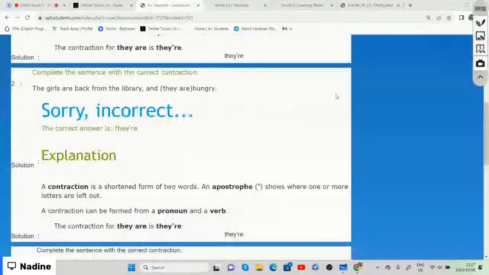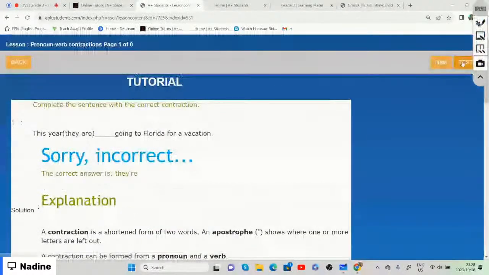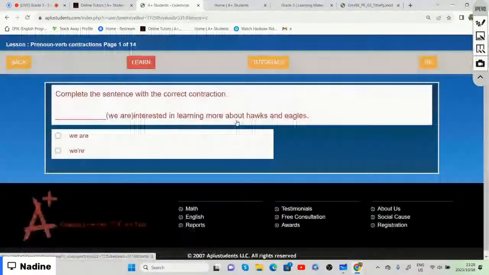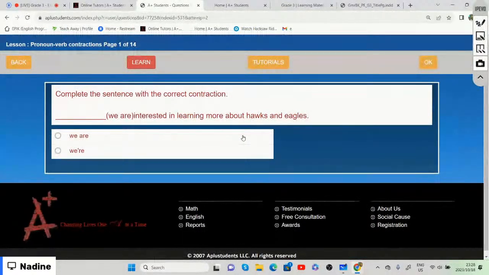All right, so now we're going on to our test, where we will look at our pronoun, verb, contraction. We're going to complete the sentence with the correct contraction. We are interested in learning more about hawks and eagles. So we are.